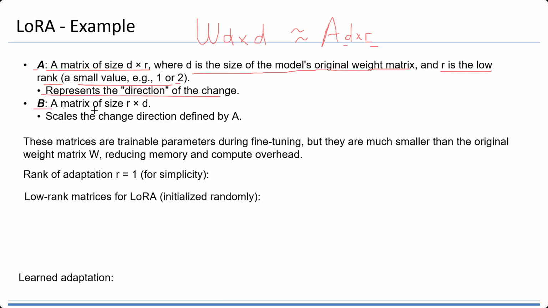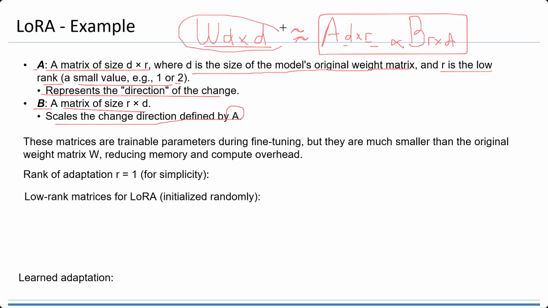And B is another matrix, R multiplied by D. It is used to scale the change's direction defined by A. So by using this kind of matrix multiplication, we want to find the equivalent values with this W so that it is more efficient rather than doing the parameter fine-tuning with all the weight.